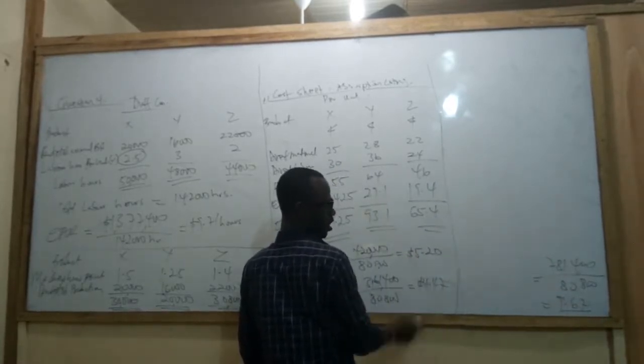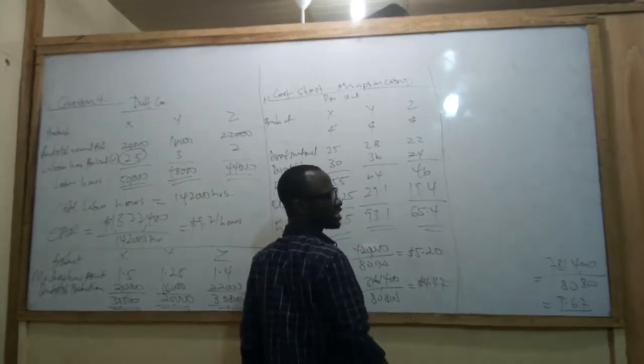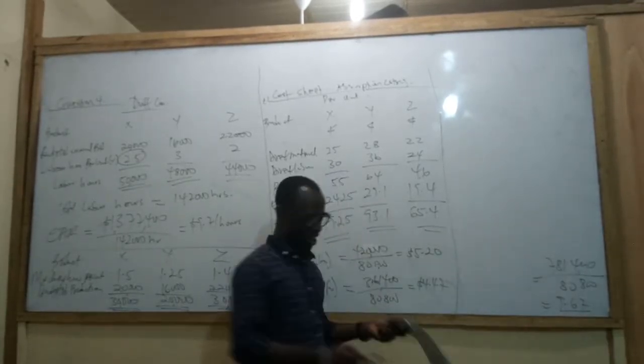This plus this is 9.6. It's called saving skills. That's fine.